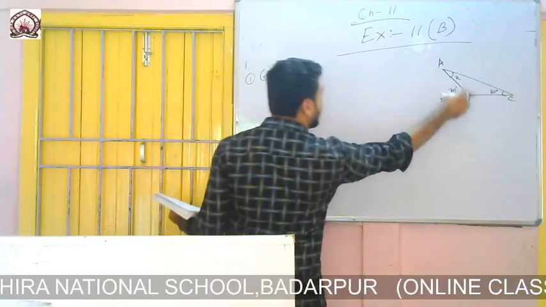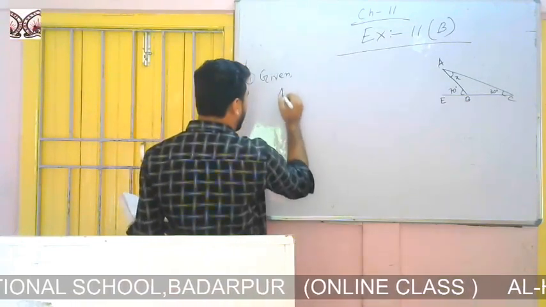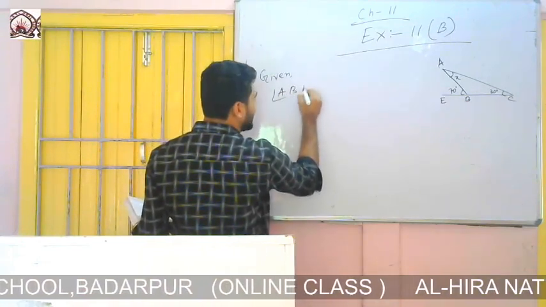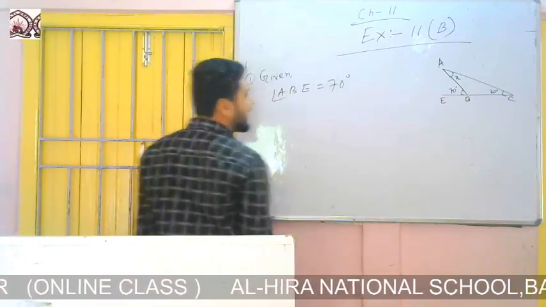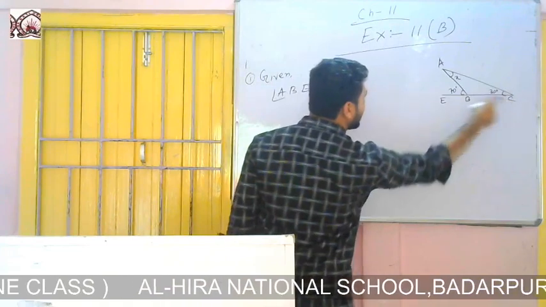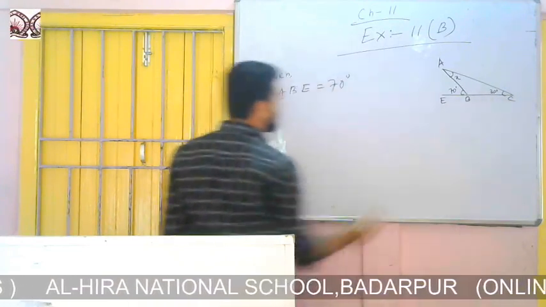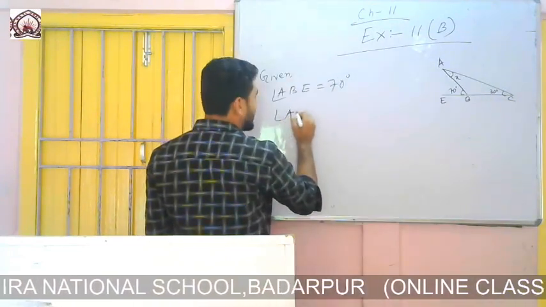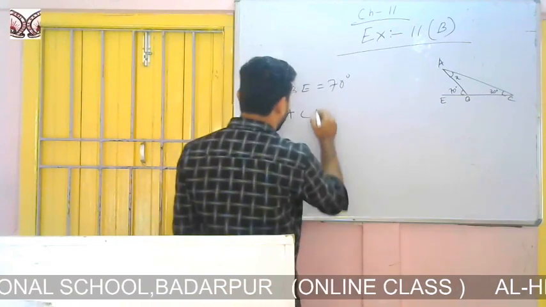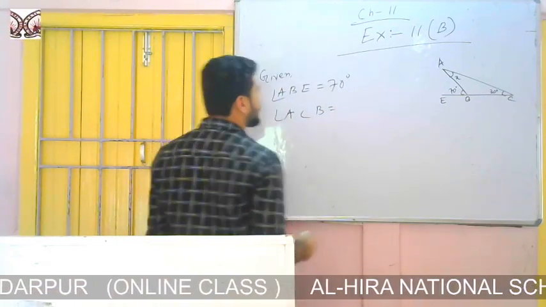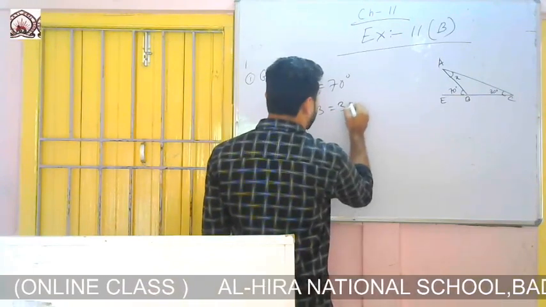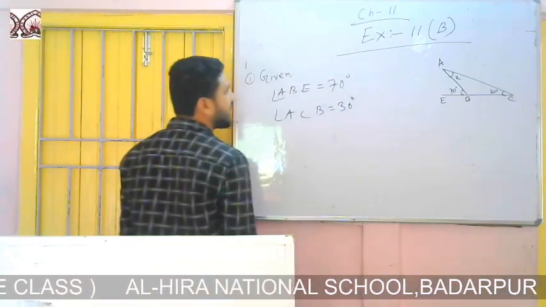Given angle ABE equals 70 degrees, and angle ACB, anything you can write, equals 30 degrees.